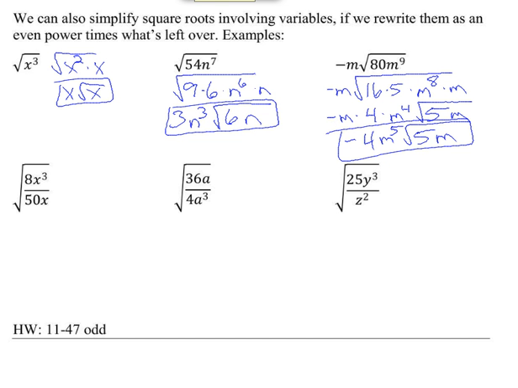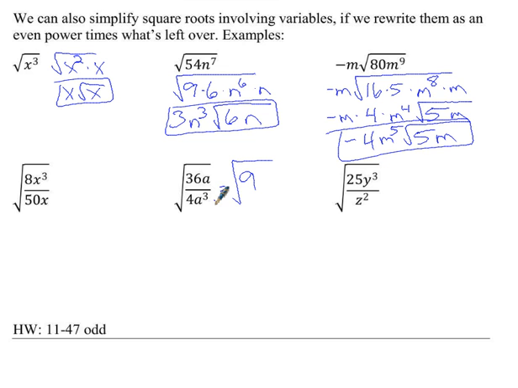For the division type of problem, let's take a look at this one. We have a big square root of 36a divided by 4a to the 3rd. Again, you can reduce your fraction. So this becomes the big square root of, what's 36 divided by 4? 36 divided by 4 is 9.